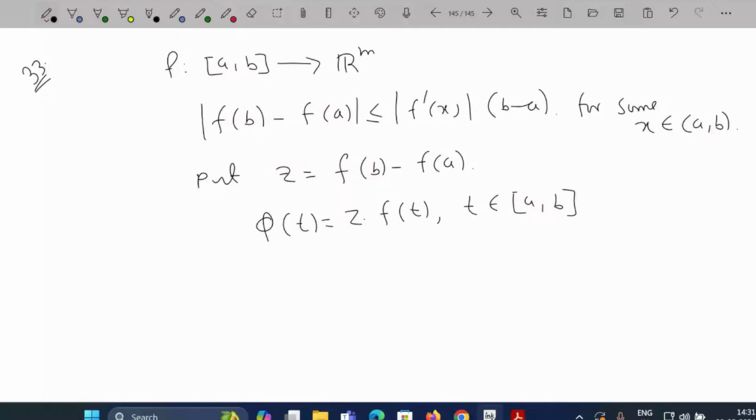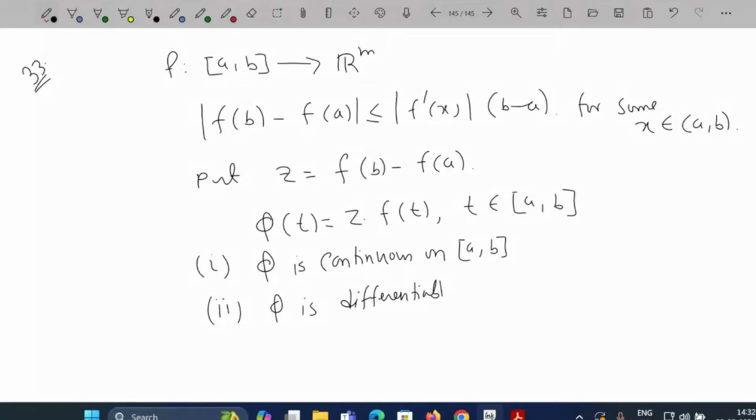So using the last two exercises, we have that phi is continuous on the closed and bounded interval [a, b], and second, phi is differentiable on the open interval (a, b).